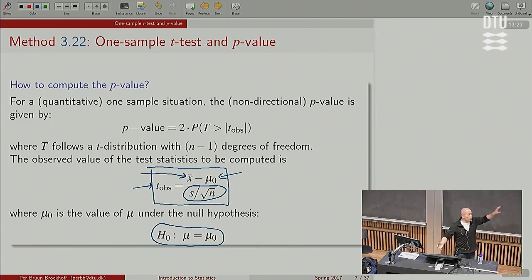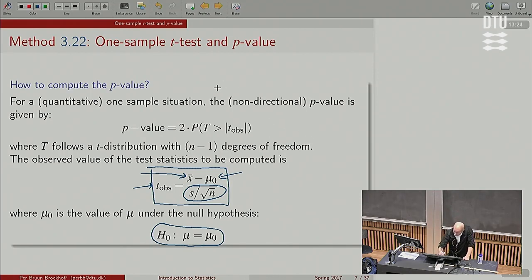If I'm far away from the hypothesis with my data, I would be inclined to say I don't believe the hypothesis. It's really common sense and no rocket science here, right? Close to, I believe. Far away, I don't believe. How should I make the distinction? Well, we use probabilities to make a distinction between what we think is far away or close to. And this is the t-distribution that will do that for us.